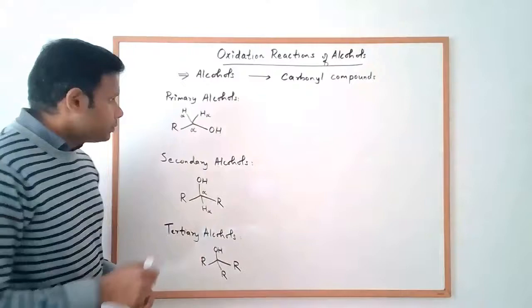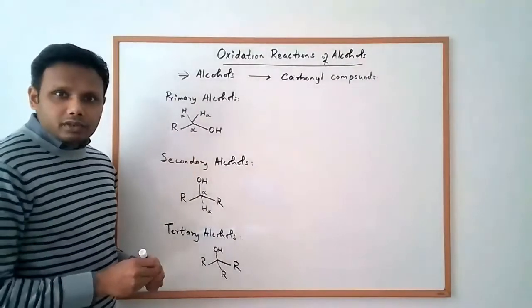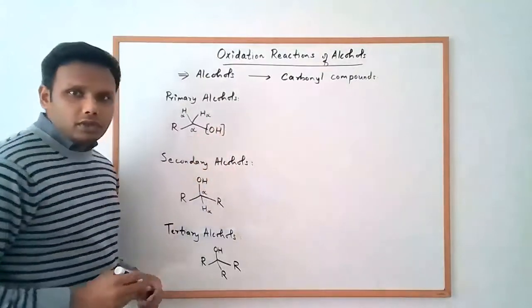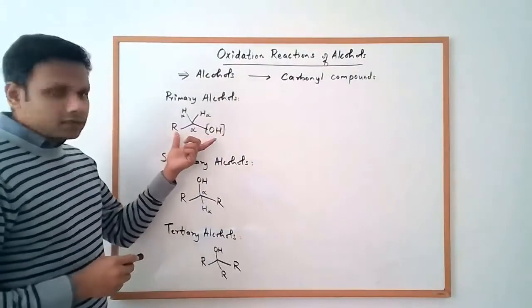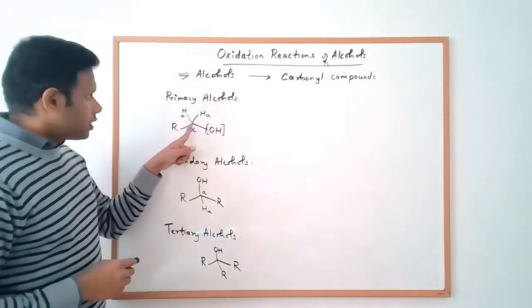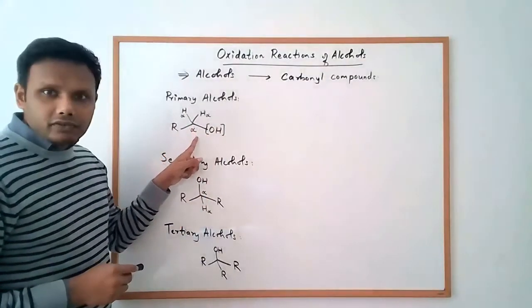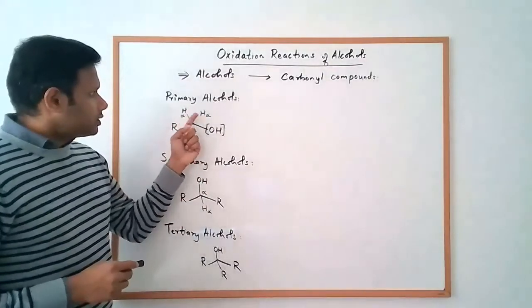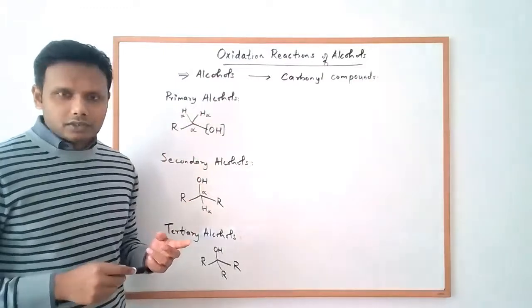Just as a quick review, an alpha carbon is defined as a carbon that's connected to the functional group. So as far as an alcohol is concerned, the hydroxyl group is our functional group. So the carbon that's connected to it is the alpha carbon. And notice how a primary alcohol has two alpha hydrogens.